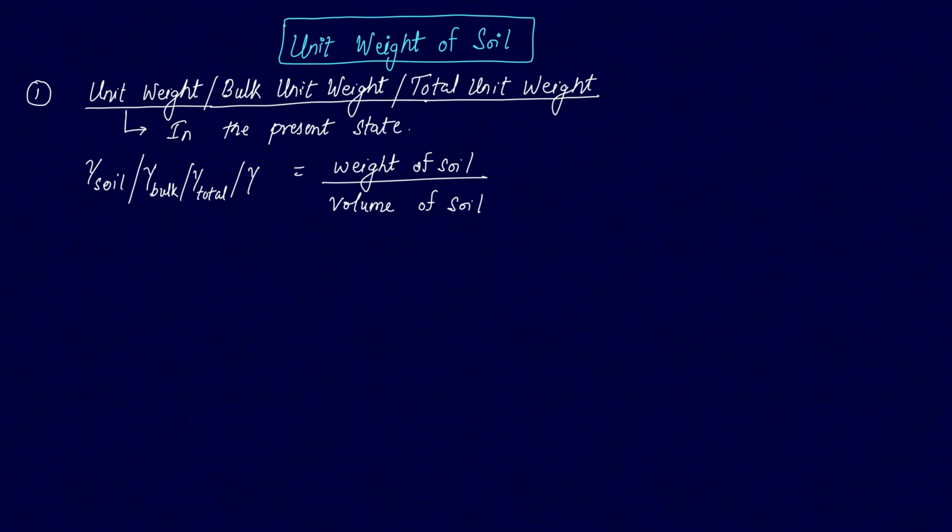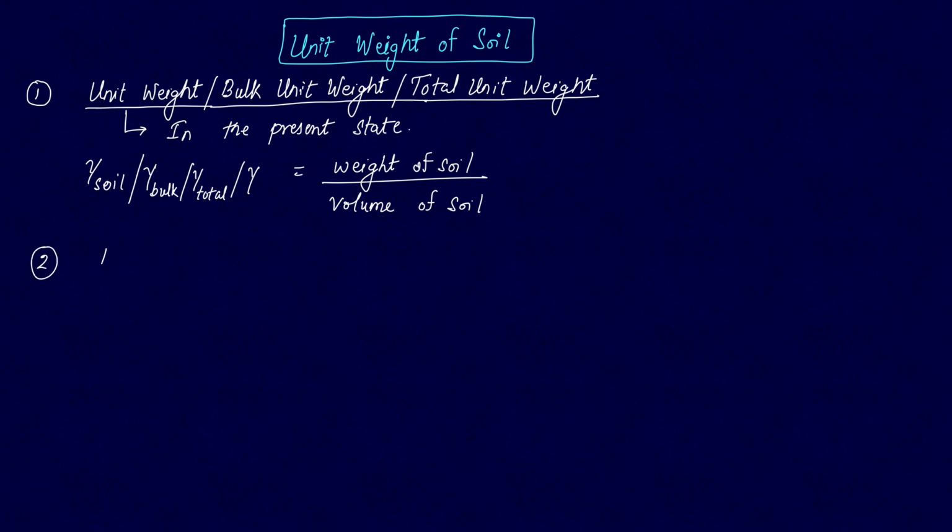So whatever is the present or current state of soil, if gamma bulk is given, then that is the unit weight of that given current state of the soil. So that is the first type of unit weight of the soil.